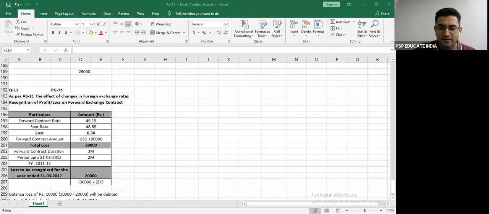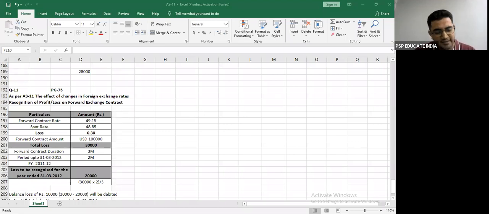For example, I know that today the rate of dollar is 60 and I believe that the rate of dollar will become 65. So I enter into a forward contract with the bank at 63. Today I buy the dollar at 60 and then I sell it at 63, which to me is a gain of rupees 3 per dollar.